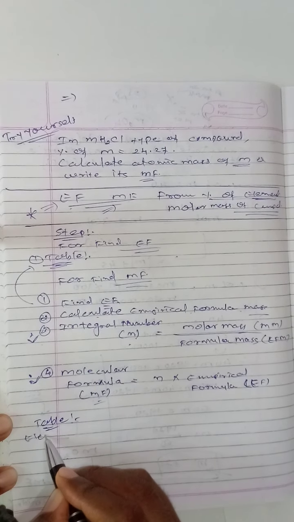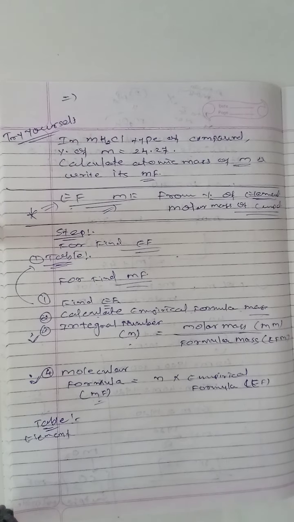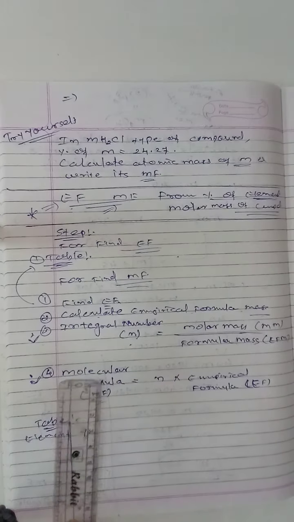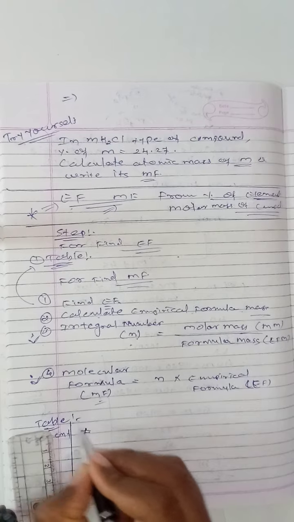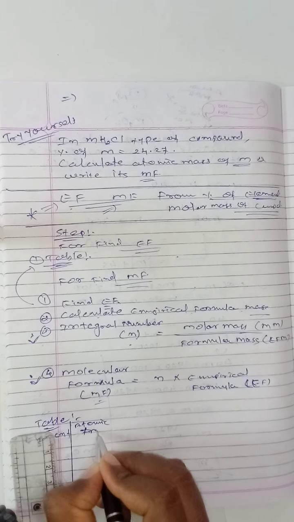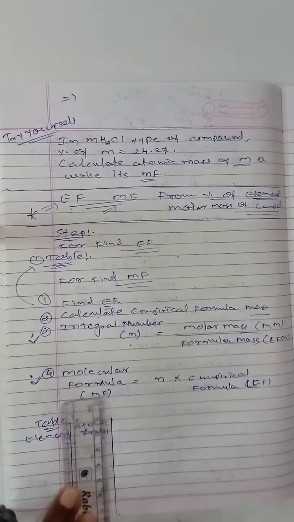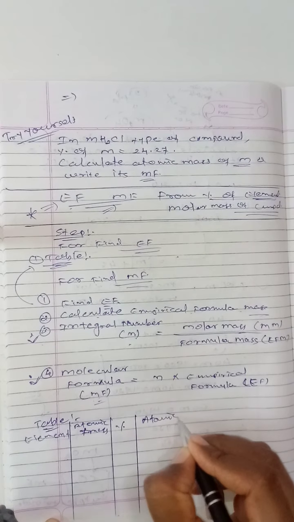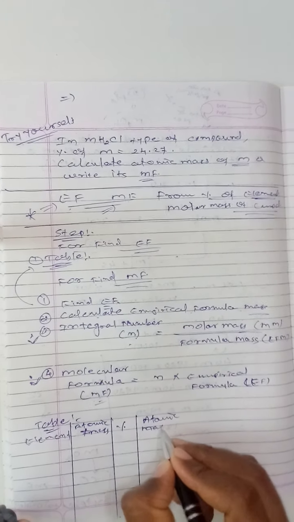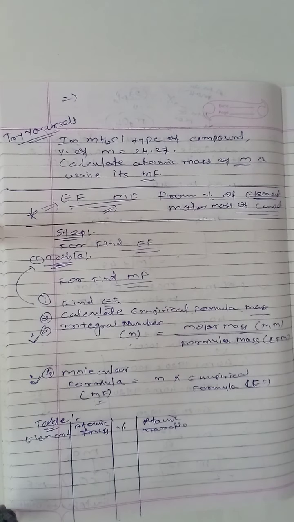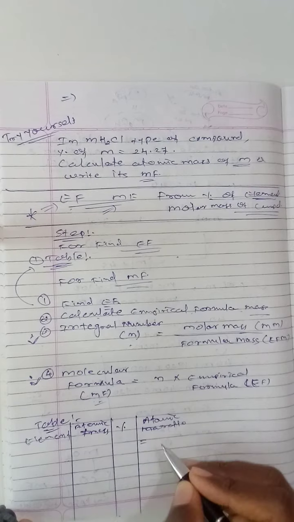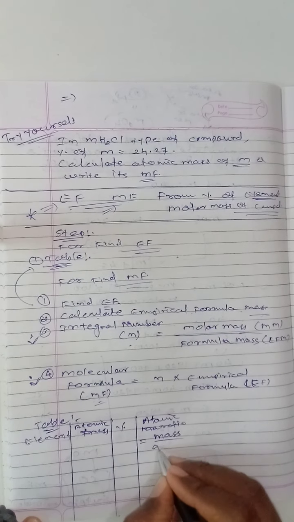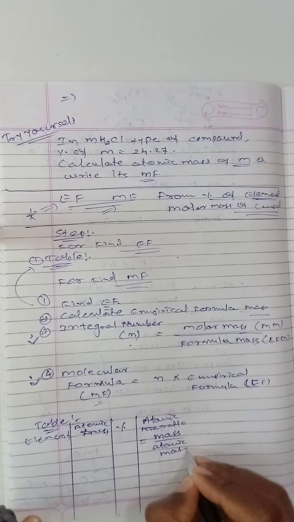Here are the elements, then their atomic mass, then percentage, then atomic ratio, which will be found as mass divided by atomic mass.